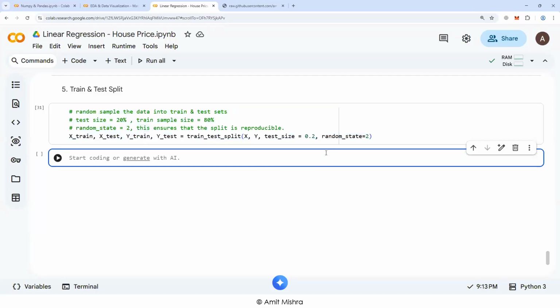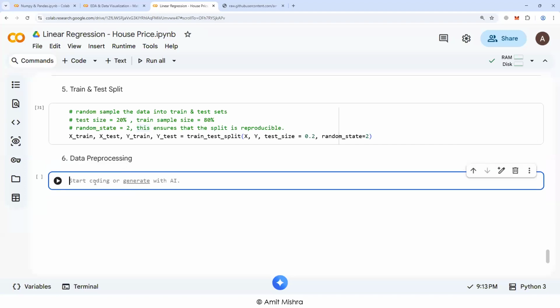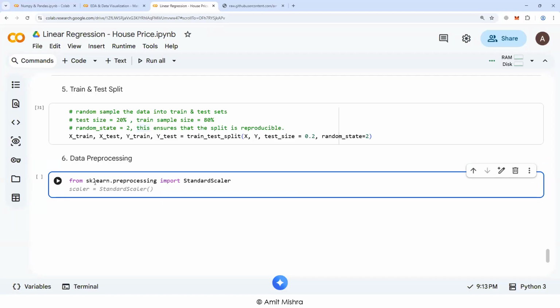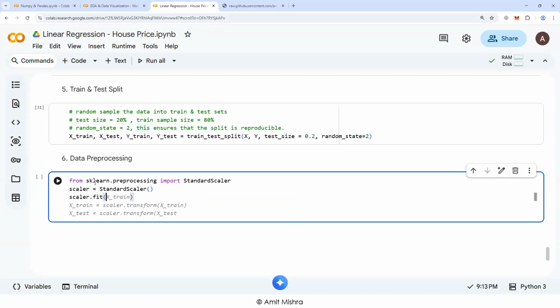Now let's go for my data pre-processing part. Let's implement a standard scaler. Let's go ahead with my fit part.